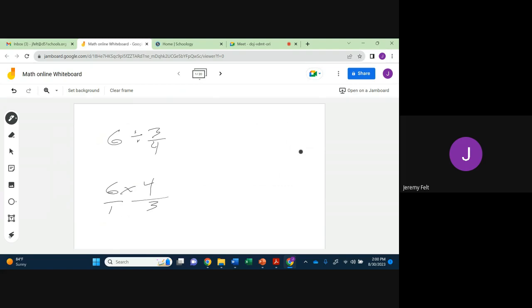That helps us, because then we multiply 6 times 4, which is 24, and then 1 times 3, which is 3. 24 divided by 3 is 8. So it would take 8 pennies to make a 6 inch row of pennies. So keep, change, flip.